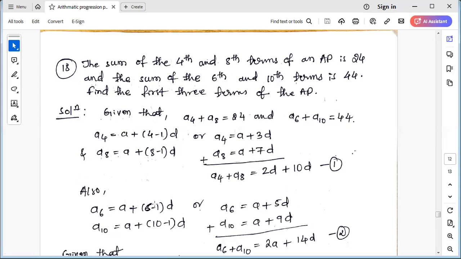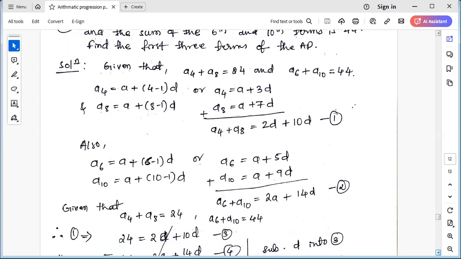So a6 is equal to a plus 5d because 6 minus 1 is 5, and a10 is equal to a plus 9d, because 10 minus 1 is 9. We'll add these two.